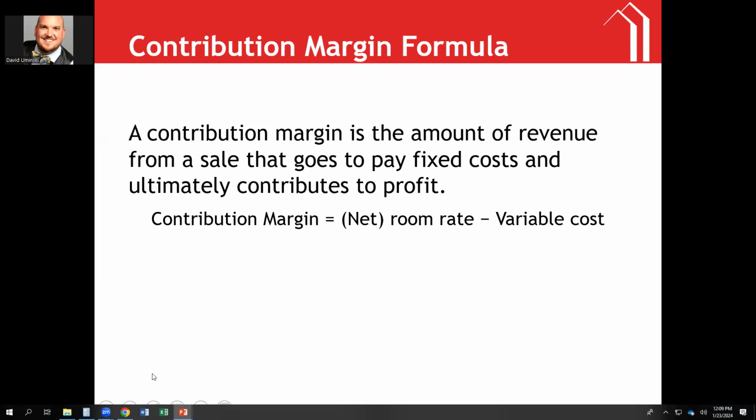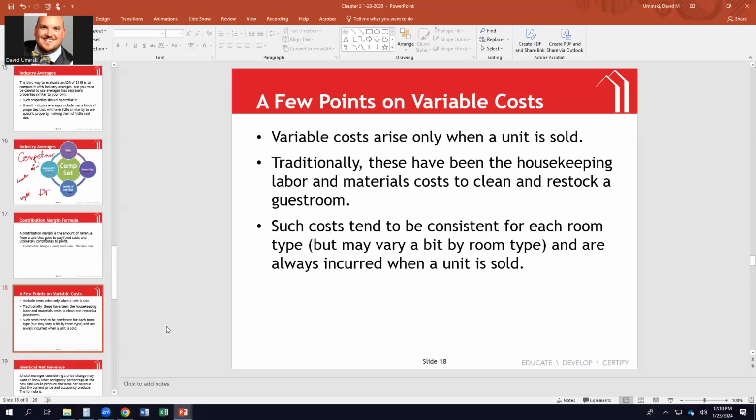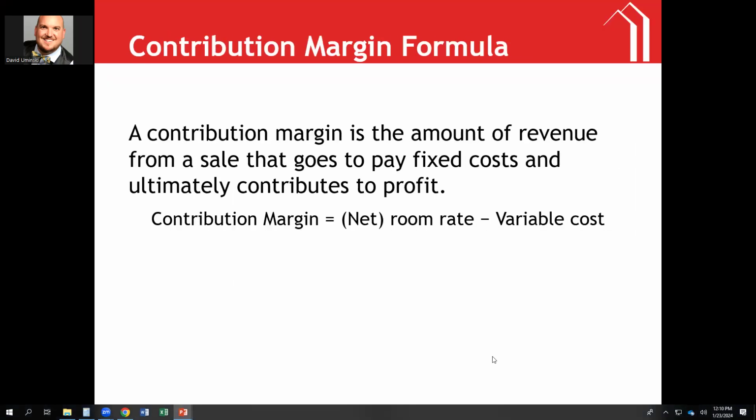So the way I think about contribution margin is with that root word of contribute. So it contributes to the profit. The contribution margin is what we contribute to the profit.